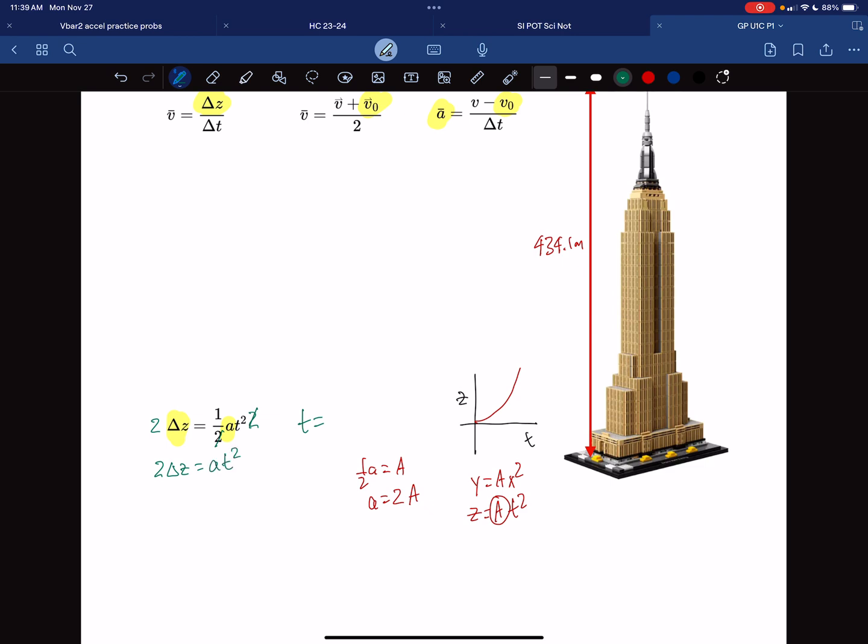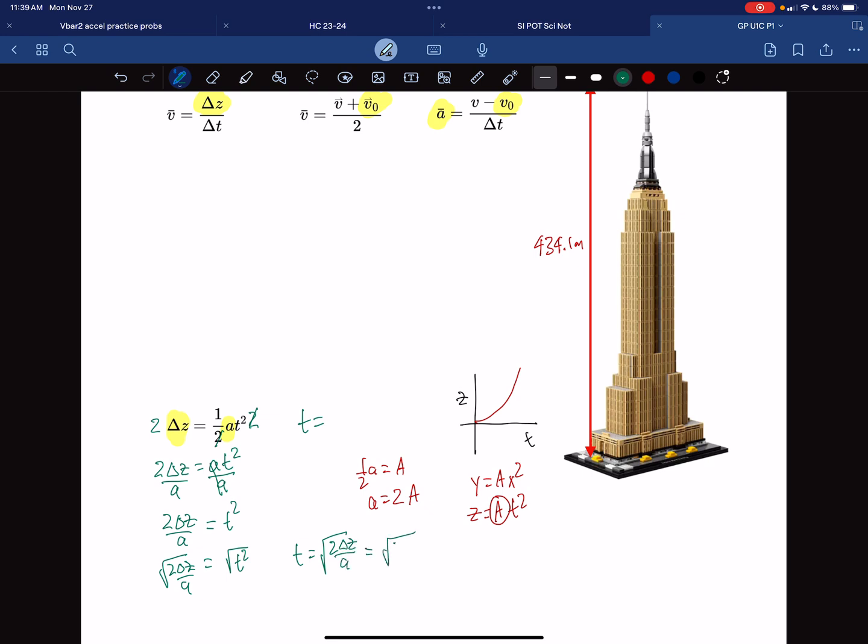Now that A is a problem, so we divide both sides by A. That gives us T squared is 2 delta Z all over A. We're getting closer, but to get rid of that T squared, we take the square root of both sides. So we have the square root of T squared equals the square root of 2 delta Z over A. So we're left with T equals the square root of 2 delta Z all over A.